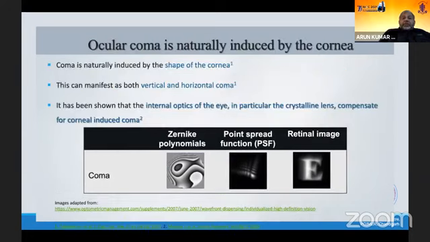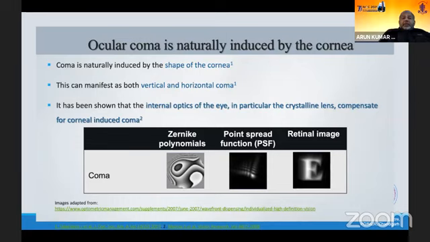This naturally occurring coma is because of the shape of the cornea. It also has a vertical and a horizontal component, and it has been shown that the internal optics of the crystalline lens compensate for corneal-induced coma.